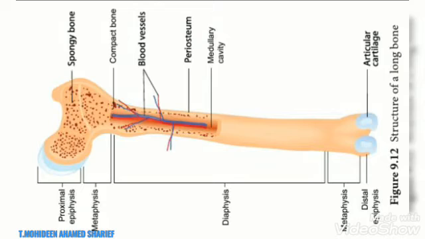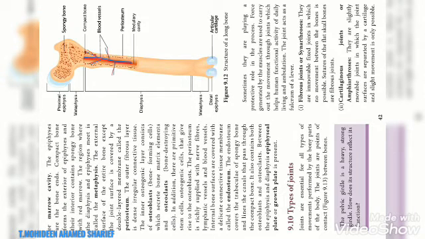Next, we will see about the structure of a typical bone. A typical bone has a diaphysis, epiphysis, and membranes. The tubular diaphysis or shaft, you can see in the diagram, forms the long axis of the bone, and it is constructed of a thick collar of compact bone that surrounds a central medullary cavity.